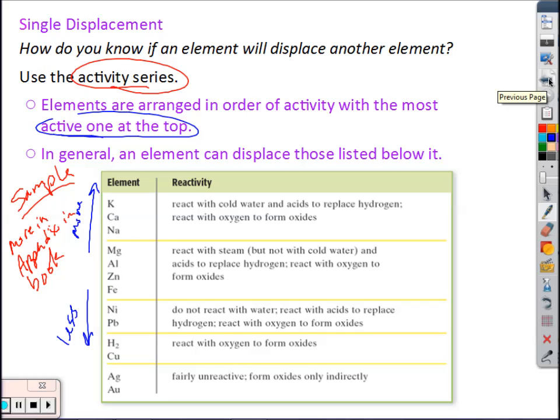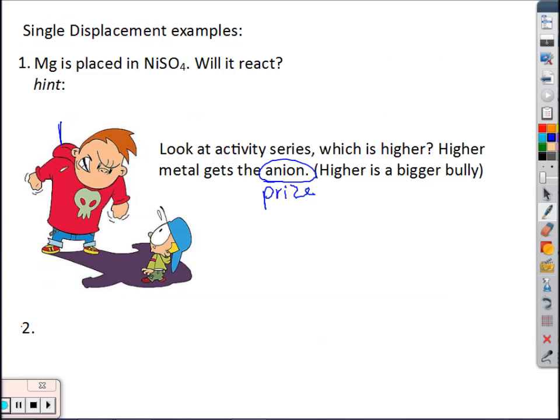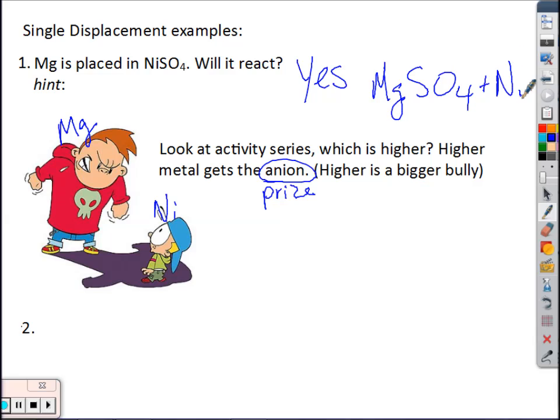So I go back to this table and I find magnesium right here and I find nickel right here, which tells me that magnesium is the big bully and nickel is the little one. Will it react? Yes. Magnesium gets the sulfate ion, and nickel is left by itself.